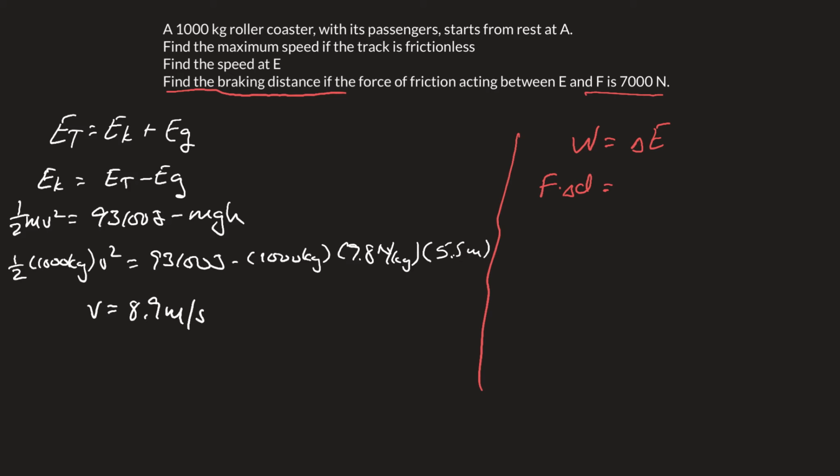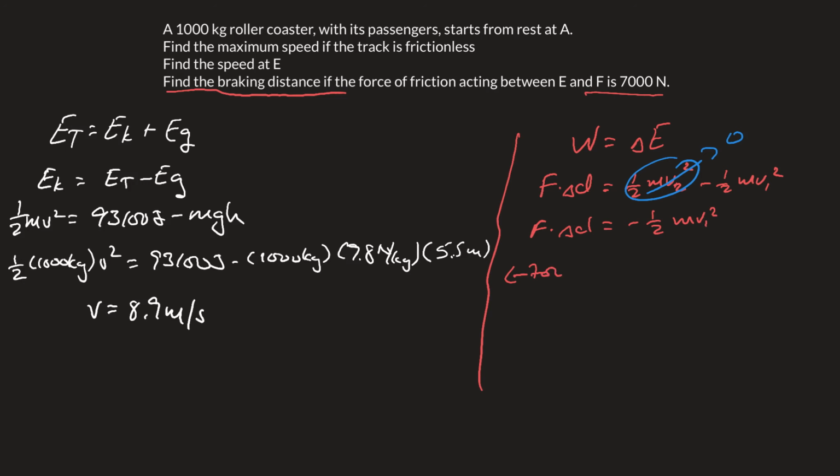So we have 1 over 2 mv2 squared minus 1 over 2 mv1 squared. But we know that since v2 is going to go to 0, this whole thing is going to go to 0. And we're left with F delta D equal to negative 1 over 2 mv1 squared.